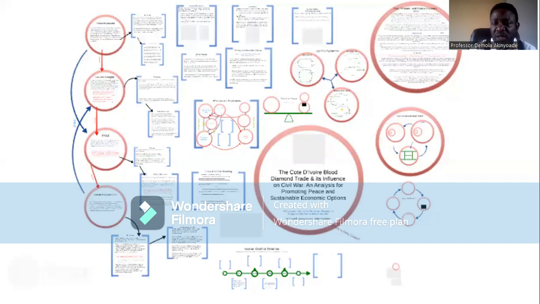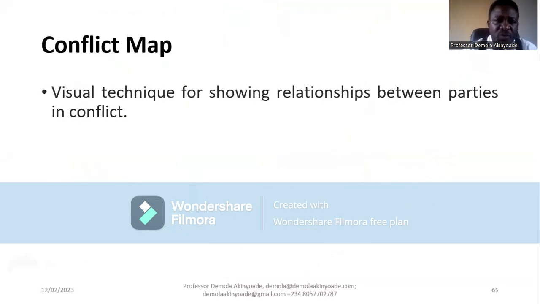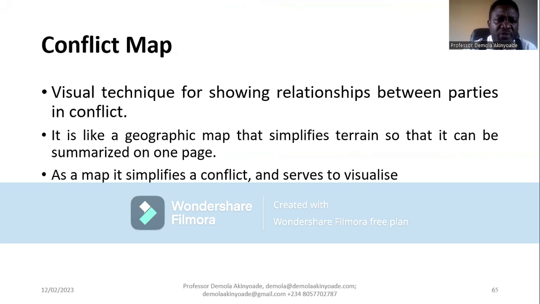But I just brought it there to let us see how we use conflict map in conflict analysis. So you can see it's a visual technique for showing relationships between parties in conflict.